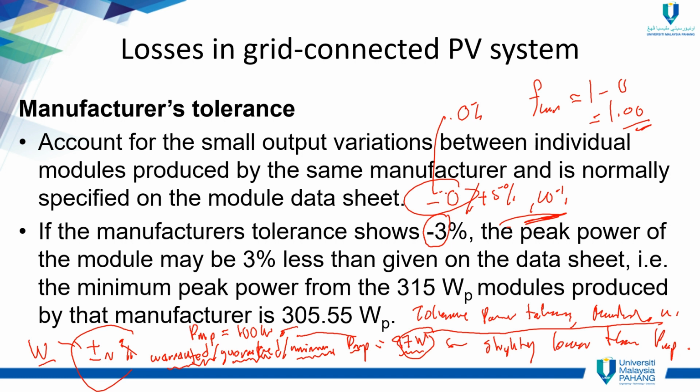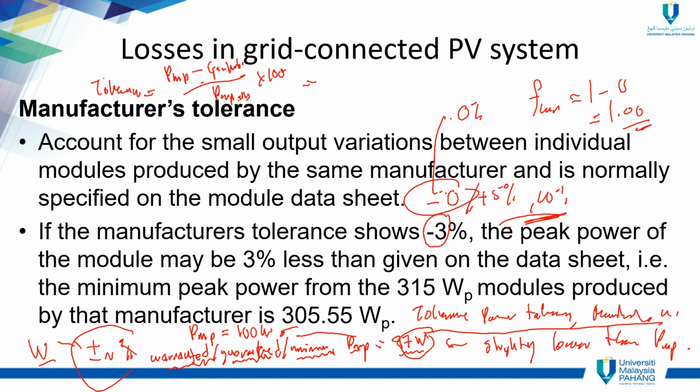So if you see this kind of value, warranted, guaranteed, minimum, then you can calculate the tolerance. How can we calculate that tolerance? So tolerance equal to PMP minus that guaranteed value, warranted or minimum, over PMP STC lah, multiply with 100.